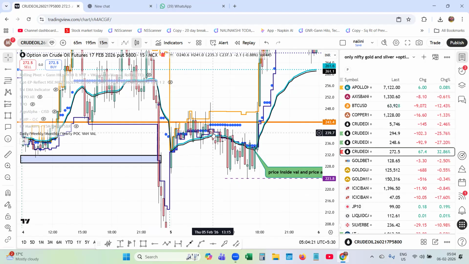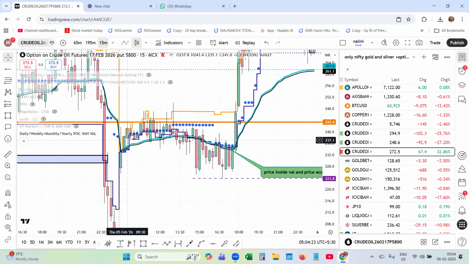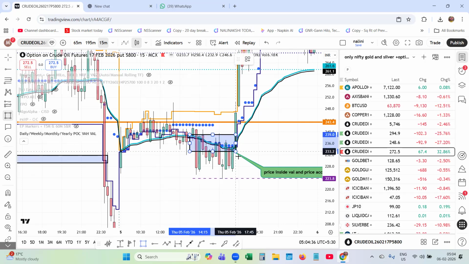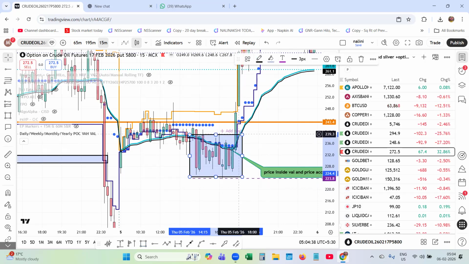Point of control established over here, then price came down. Same type of behavior on the crude oil, and you can see price flattening over here. This is the area where energy will be built. This is a very important area.